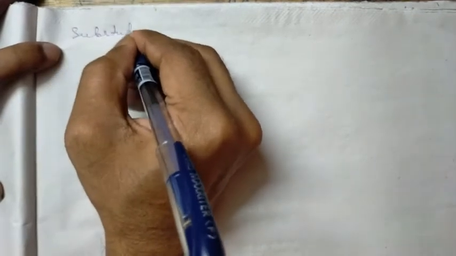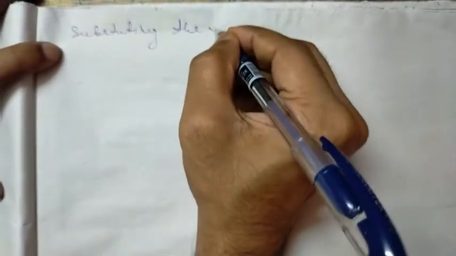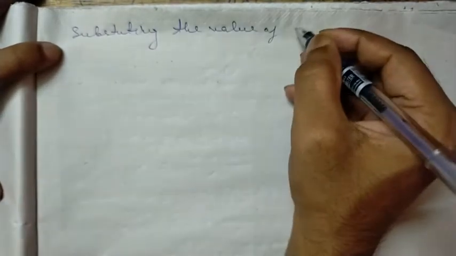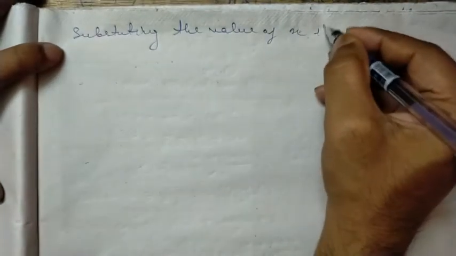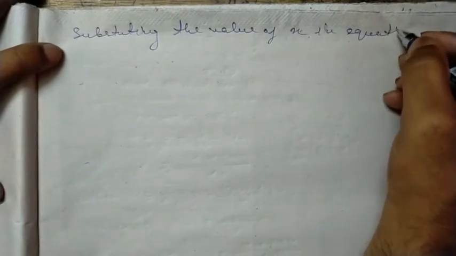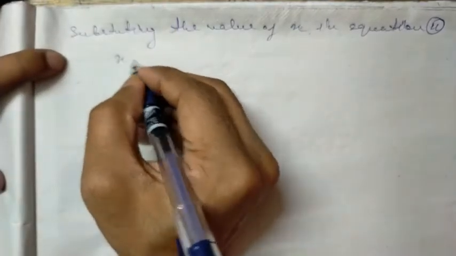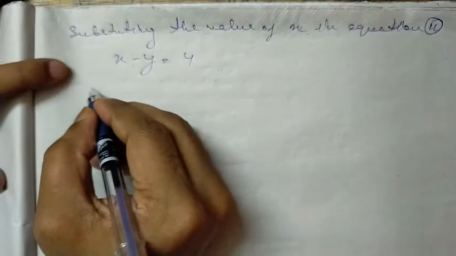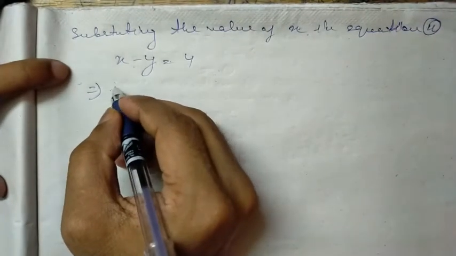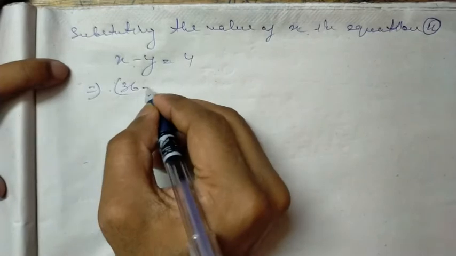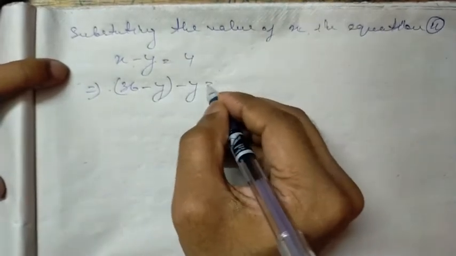Substituting the value of x in equation 2. Equation 2 is x minus y is equal to 4. So x is 36 minus y, and 36 minus y minus y is equal to 4.